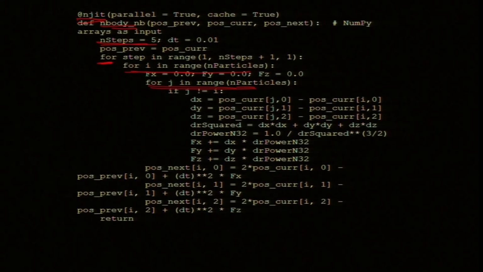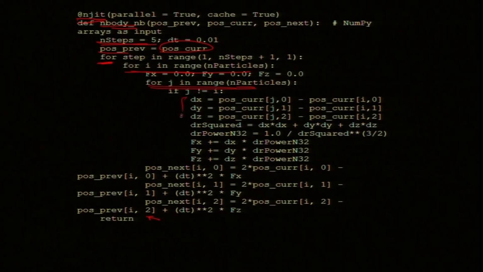So, how do you compute the force? I have several variables: current position, pos is short for position, pos current, pos previous and pos next. I have made one mistake here, something is missing here, I will tell you what.